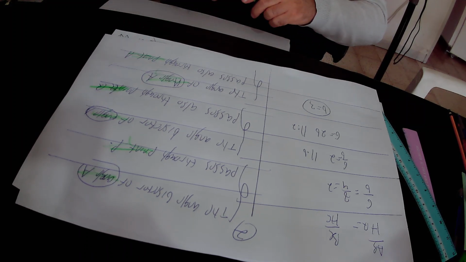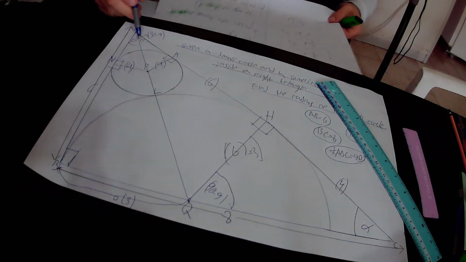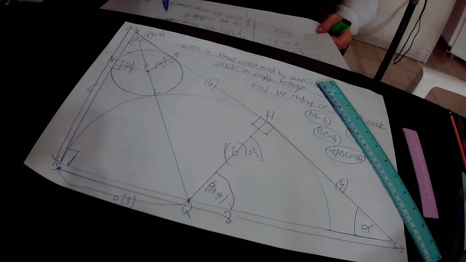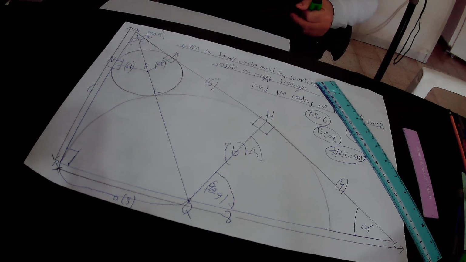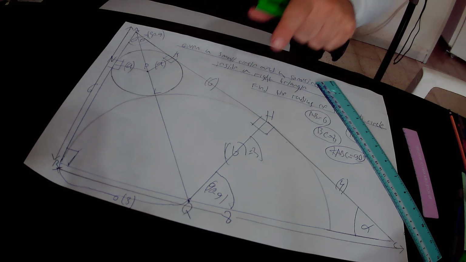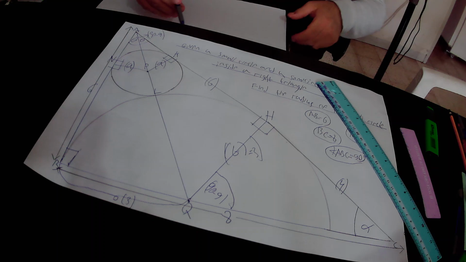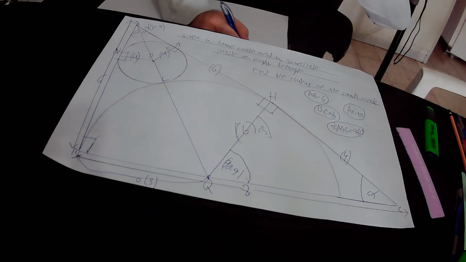In conclusion, we should find out that the angle bisector of this angle A passes through points A, P, and Q. So write it down.